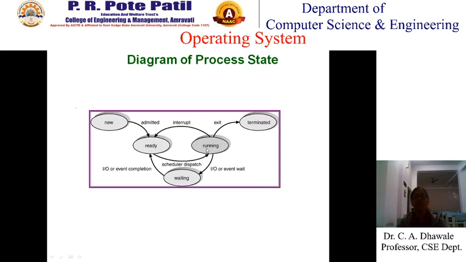After the complete execution of this process, the process may need to perform an I/O operation. For the I/O operation, if the I/O devices are ready, then they will be allocated. But if the I/O devices are busy, then the process has to wait for the I/O devices. See, I/O or event wait. So it will go to the waiting state, meaning waiting for the I/O devices.